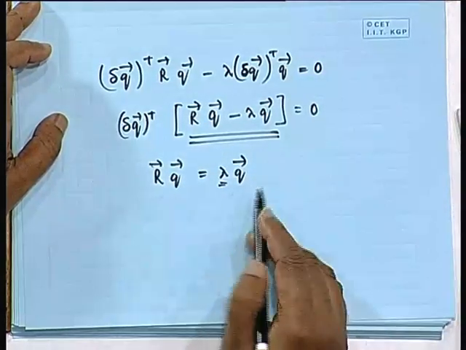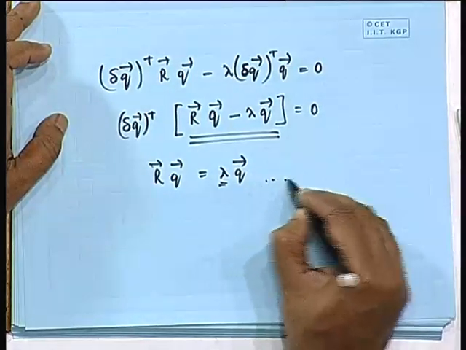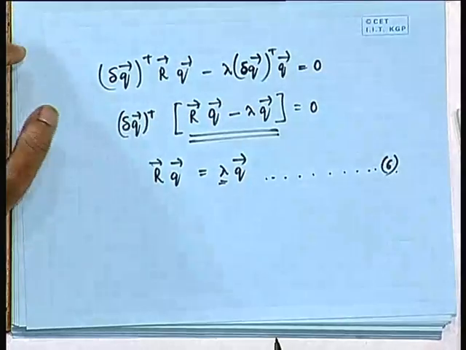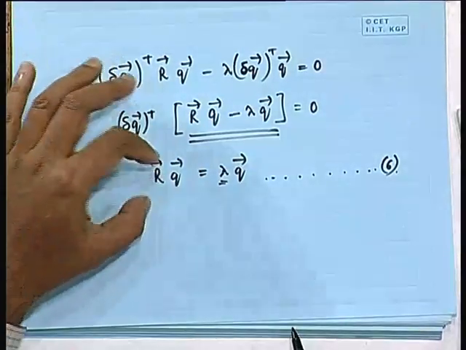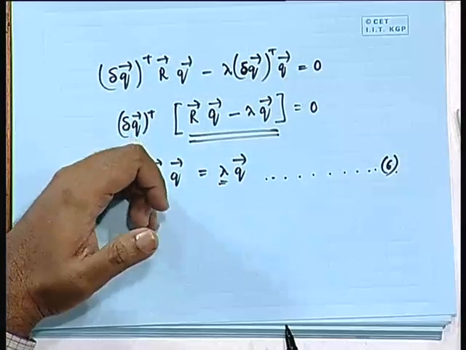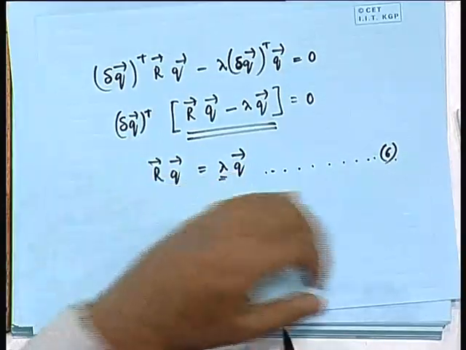So, now we have got an equation like this and we call this equation number 6, where there is a definite relationship that we are getting between this R on the left hand side and lambda on the right hand side.